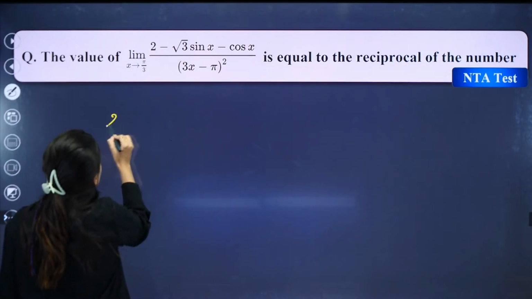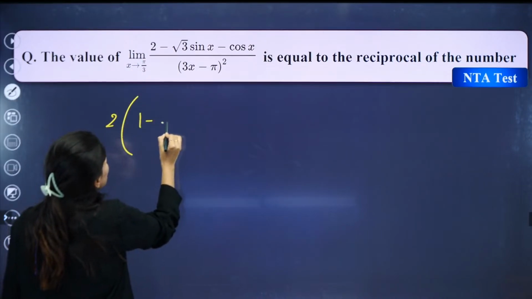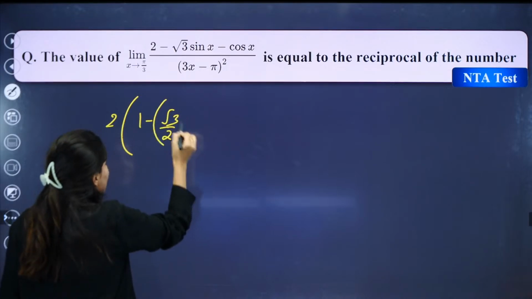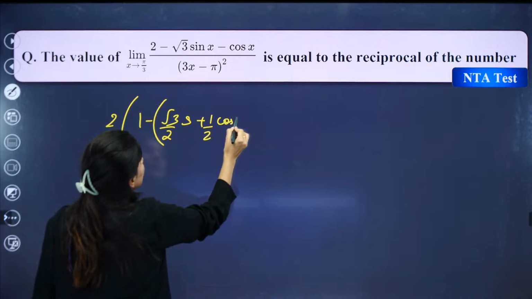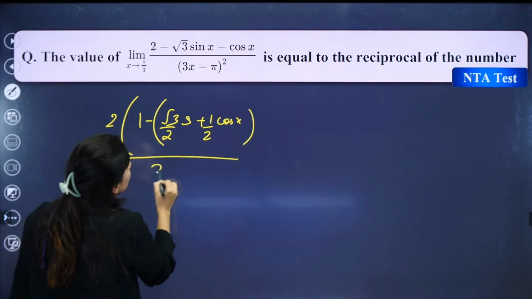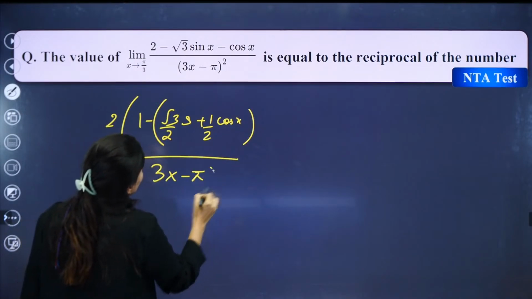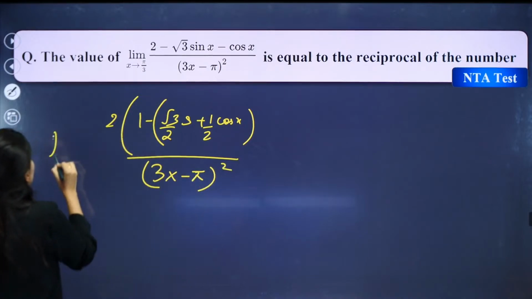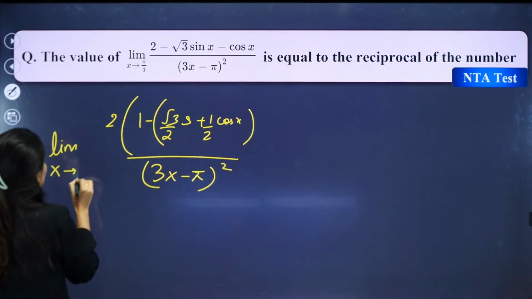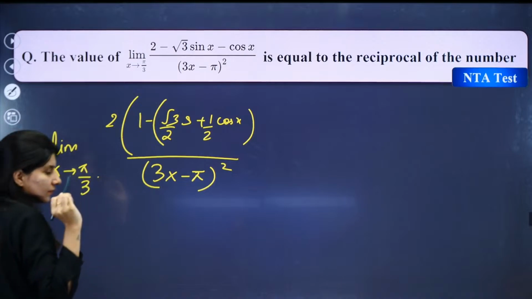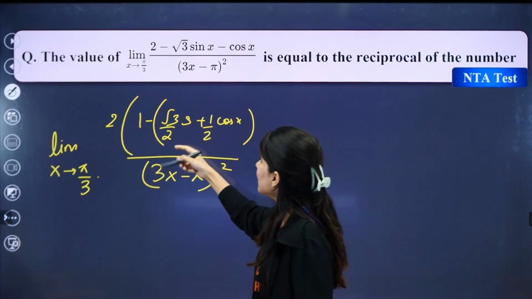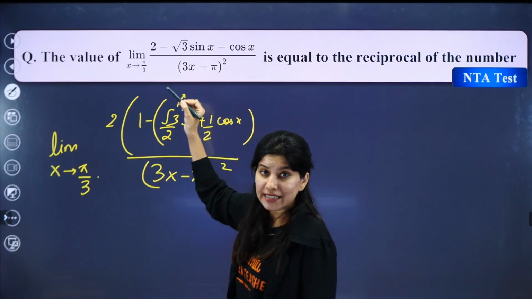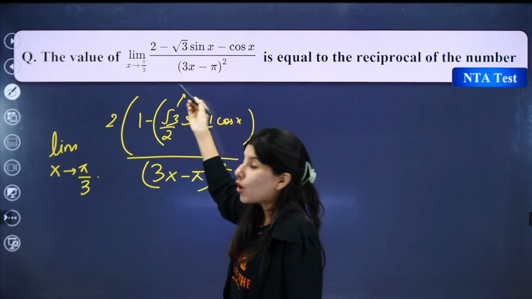Take 2 common. Then you have 1 minus root 3 by 2 sin x plus 1 by 2 cos x, and over here 3x minus pi whole square, limit x tends to pi by 3. So root 3 by 2 is sin 60 degrees, or you can say cos 30 degrees.